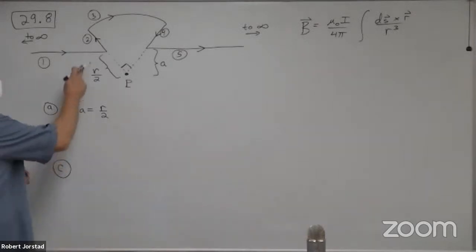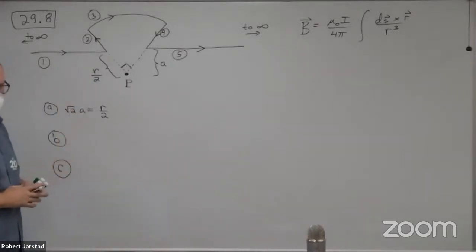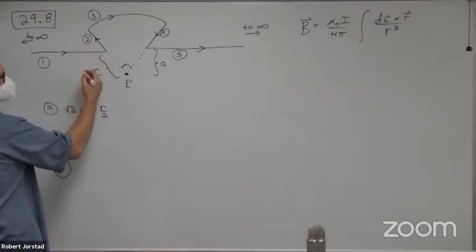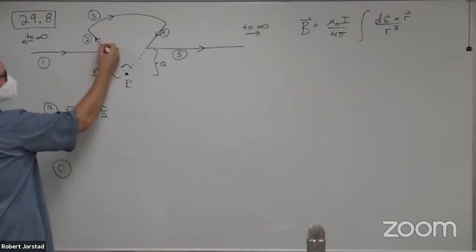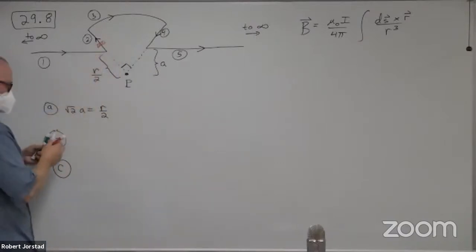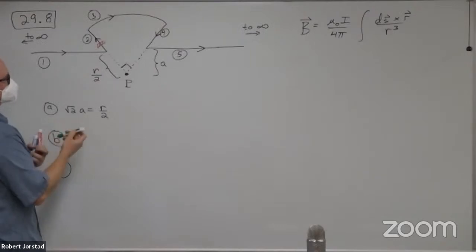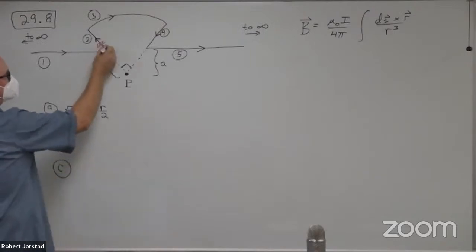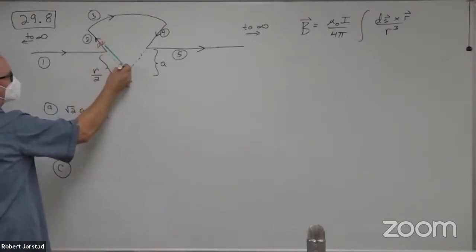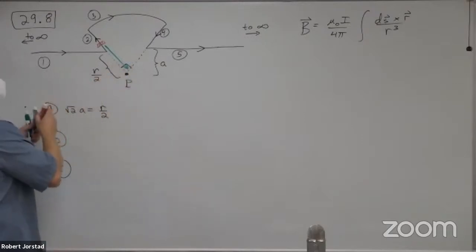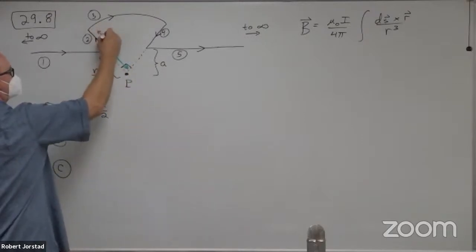Why would segment 2 give us 0 contribution? What would ds look like for segment 2? Maybe something like that. Do you agree? What would the r vector look like for segment 2? ds points this way.